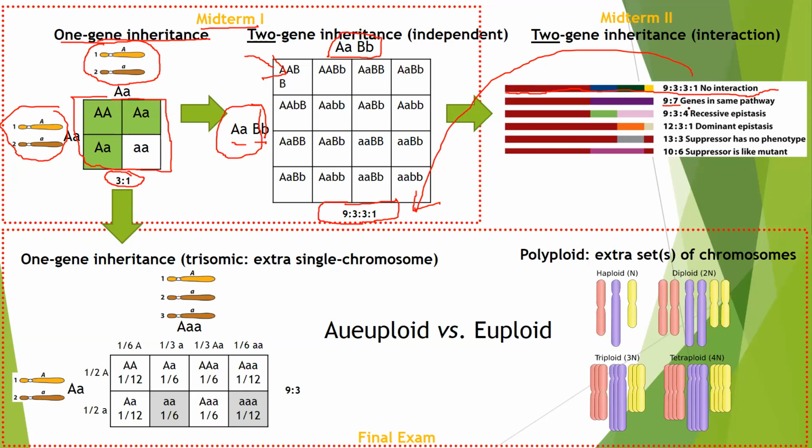So this ratio will indicate that these 2 genes are in the same pathway, and this ratio will indicate the recessive epistasis and so on.